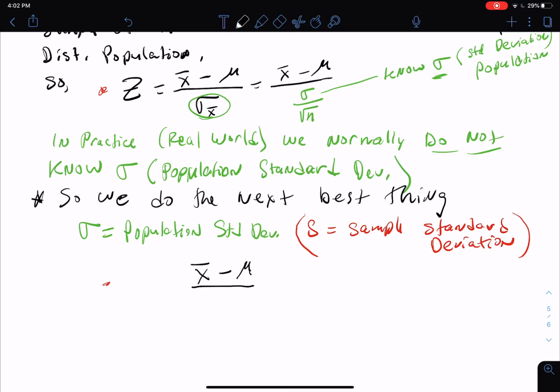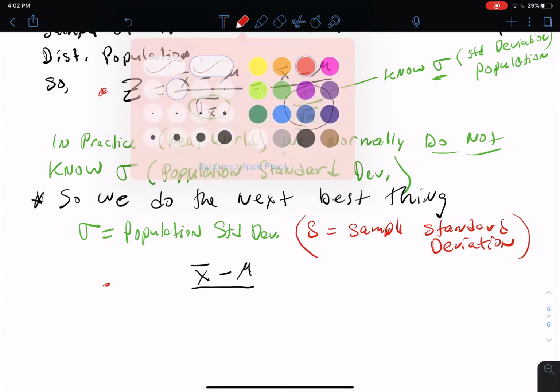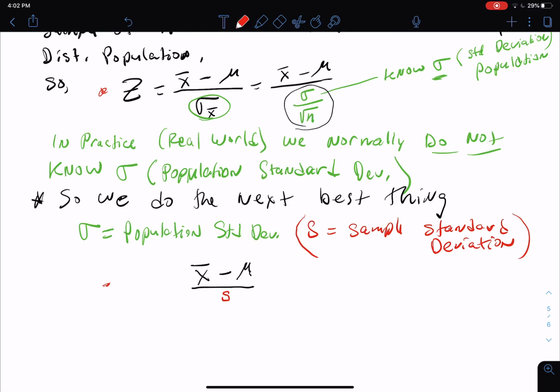And then we divide it by this piece right here. But remember, in 8.2, we don't have sigma. We're going to have S instead, which is our sample standard deviation. So that gets divided by the square root of n.